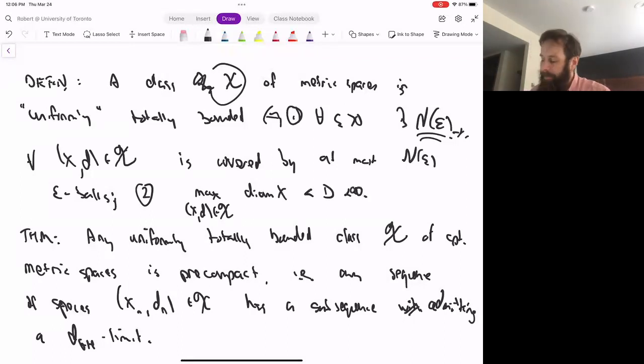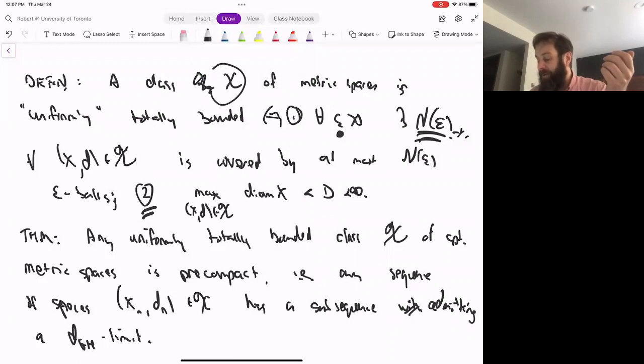And I'm not too worried about point 2, because as long as I'm talking about geodesic metric spaces, or even metric spaces which are intrinsic, length spaces, where you can get the distance between any 2 points as an infimum of lengths of curves joining the 2 points, then the length of such a curve is bounded by epsilon times the diameter of these balls, which is 2 epsilon, times the number of balls.